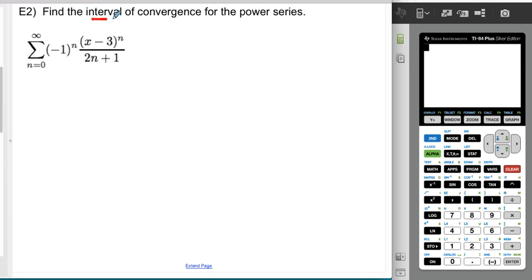When we're asked to find the interval of convergence, now this has a little bit of different stuff. The first thing this is telling us is to do the ratio test. So that's going to find the radius for us, right? So the first thing, ratio test to find the radius of convergence.